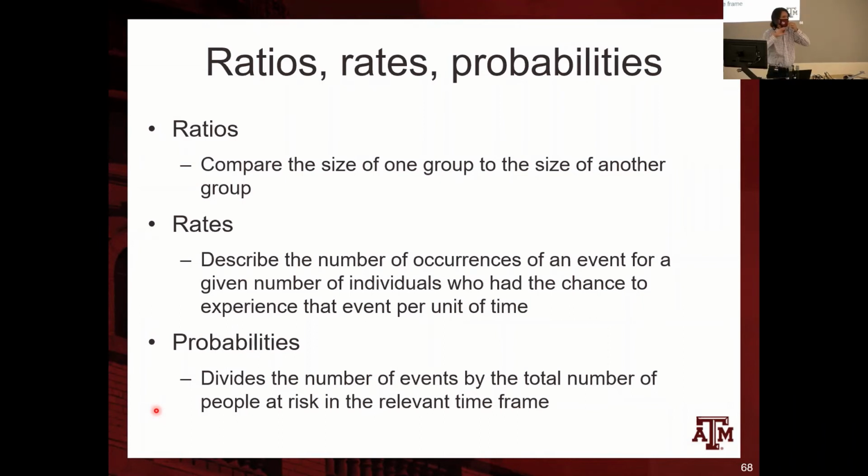Let's say that I categorize people by a specific variable. They can be part of just one subgroup. If I compare the size of one group to the size of the other group, I have ratios. Rates describe the number of occurrences of an event for a given number of individuals who had the chance to experience that event per unit of time.